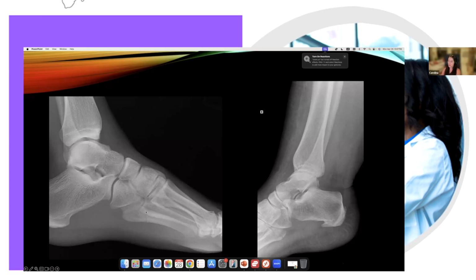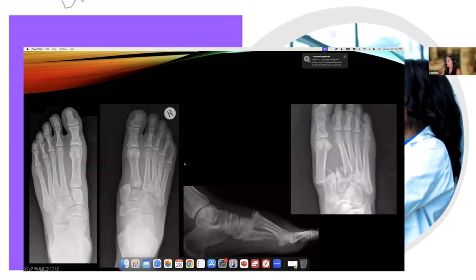Because many times, whenever we have an injury, in this case fractures of the head of the fifth metatarsal, we can have this referred pain to the ankle area much more than the midfoot area. And we shouldn't be missing these kinds of fractures. So this is a fifth metatarsal head fracture.